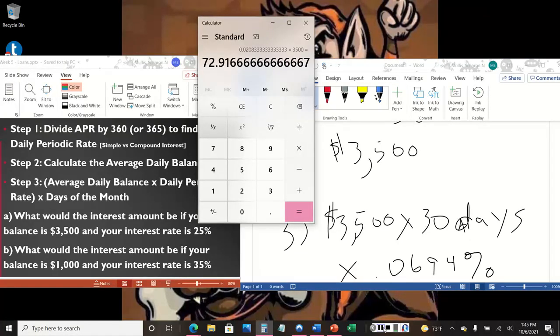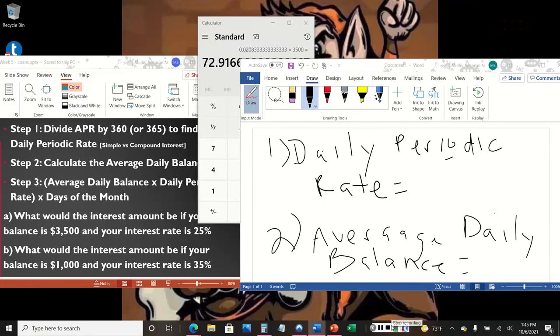Okay, so the next question we have, B, what would the interest amount be if your balance is $1,000 and your interest rate is 35%? So again, we're going to go step by step. Step one, we divide the APR, or the interest rate, which is 35%. We're going to use 360 again.